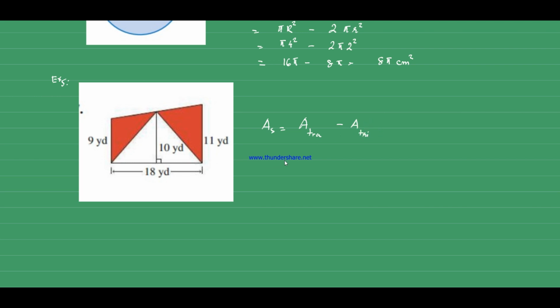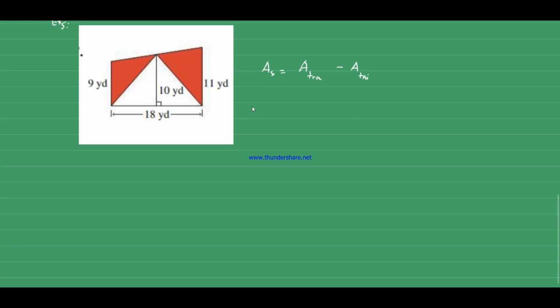Okay, so we're going to go ahead and find one by one. So the area of the trapezoid. Okay, area of a trapezoid will be 1/2 times height times B1 plus B2. B1 and B2 are parallel to each other.